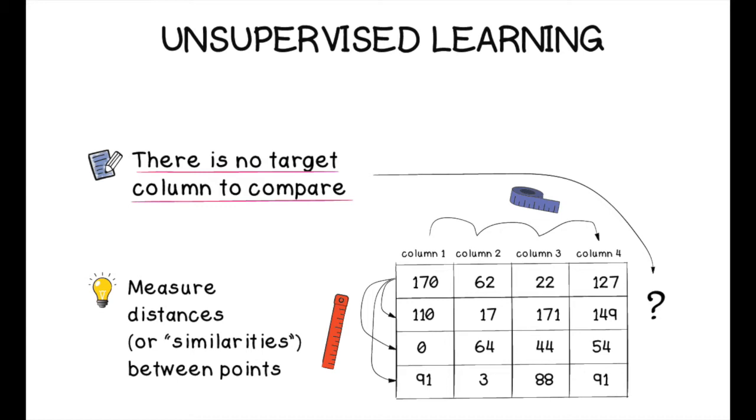But then how and what does the algorithm learn? The answer is that the algorithm will look for similarities in data and will group data according to its closeness. Data points close or similar to other data points will be grouped together. For example, imagine we have a group of people and we want to classify them.